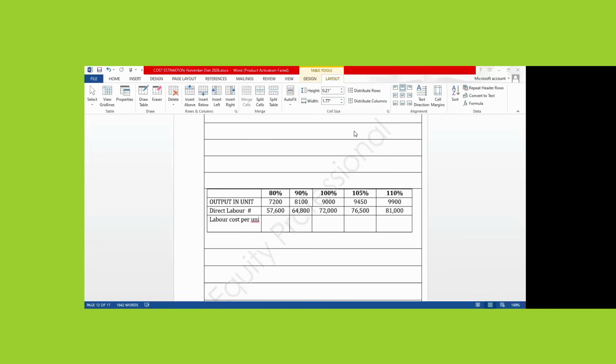Mixed costs. These are costs that contain both variable costs and fixed costs. We discussed this last week. We now look at methods of estimating costs.